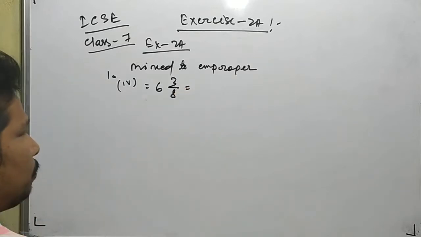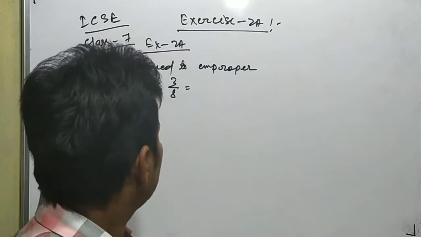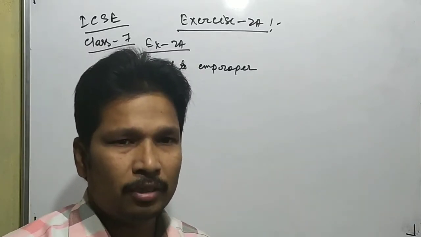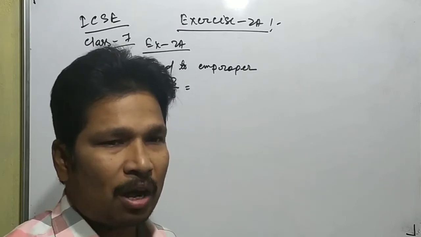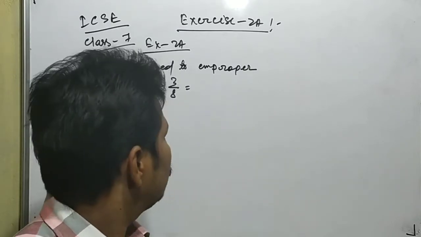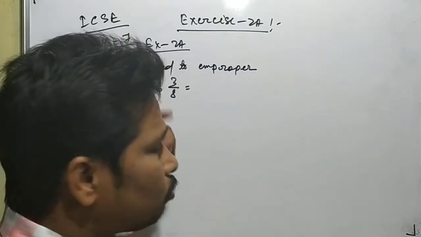Already we have told, if you don't know how to convert mixed to improper or improper to mixed, first watch the first part of the fractions. After watching the first part, we can know how to convert it.